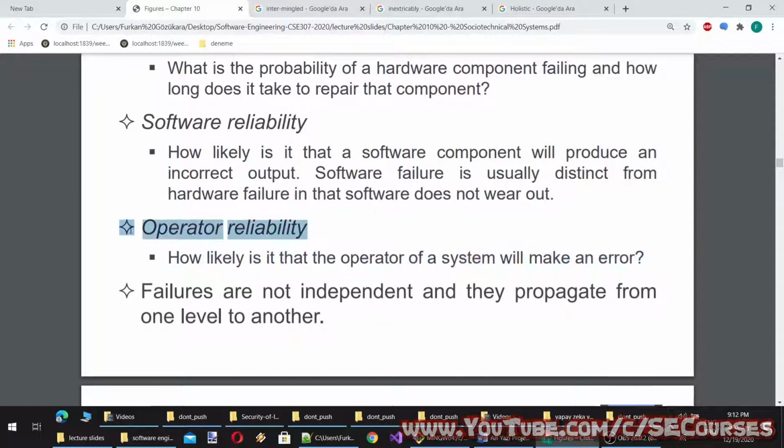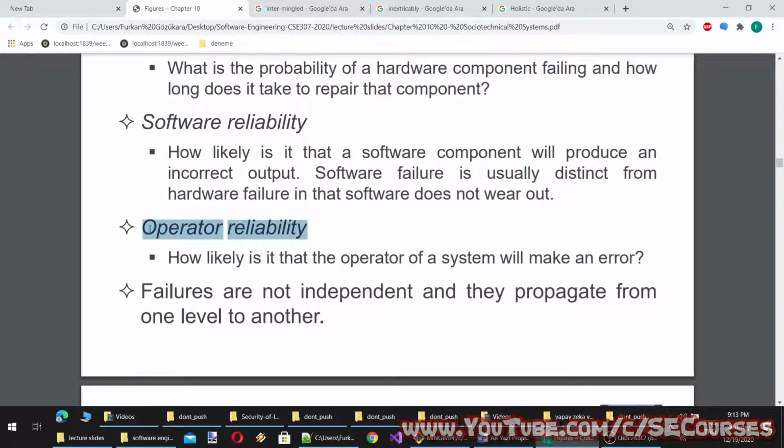Actually, this is the most common incident that causes problems nowadays, because usually the big systems are programmed, checked, and verified by many different teams and experts.